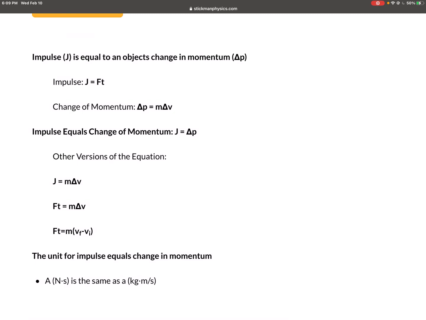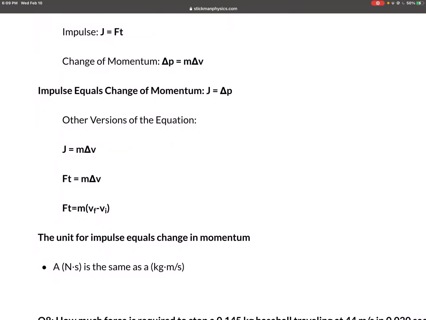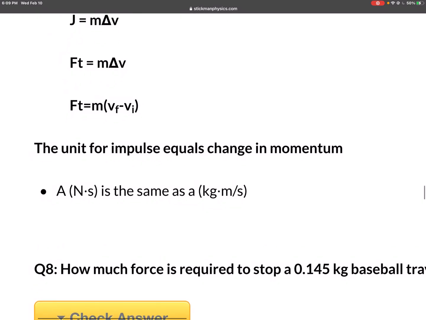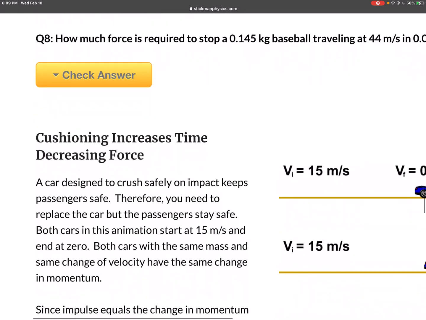So J equals delta p, which means I equals delta p, the change in momentum. Other versions: I equals m times delta v, or F times t equals m delta v, or F times time equals m vf minus vi. All those variations of the equations we can use depend on what the problem gives us. Also, a Newton second is the same as a kilogram times meters per second.